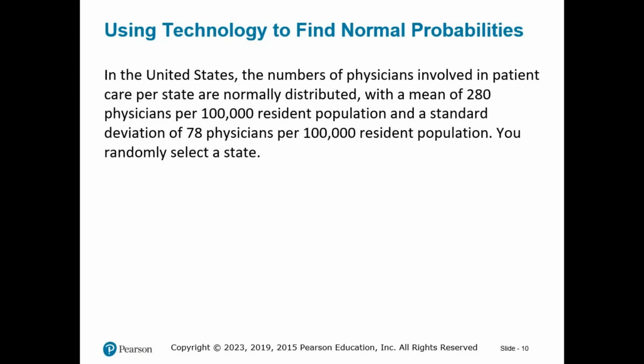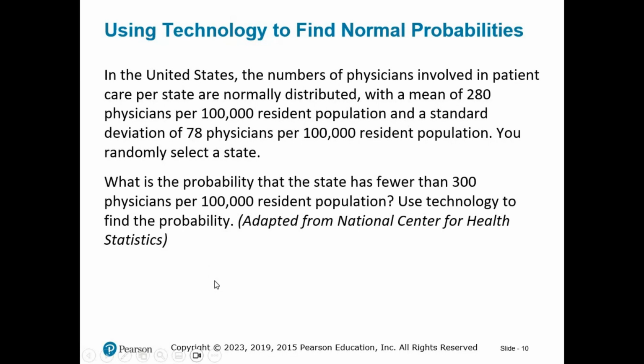Let's do this one. In the United States, the number of physicians involved in patient care per state are normally distributed with a mean of 280 physicians per 100,000 resident population and a standard deviation of 78 physicians per 100,000 resident population. You randomly select a state.